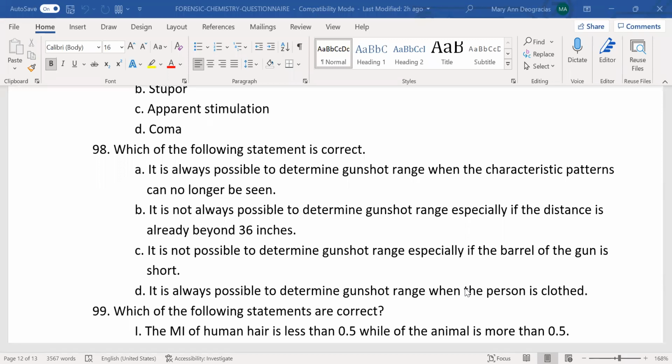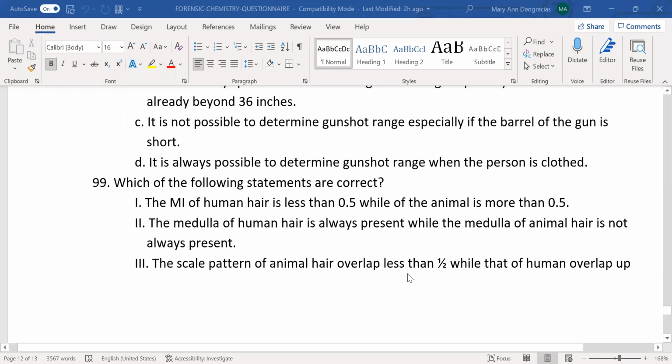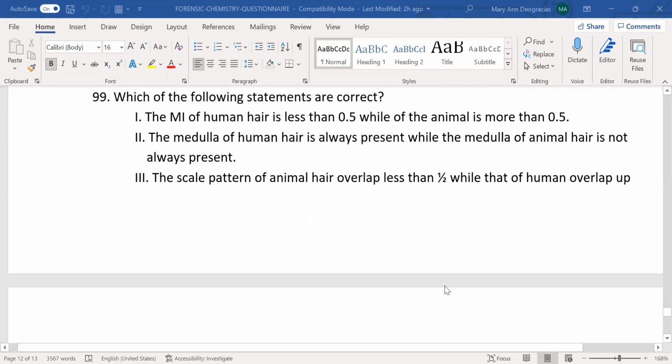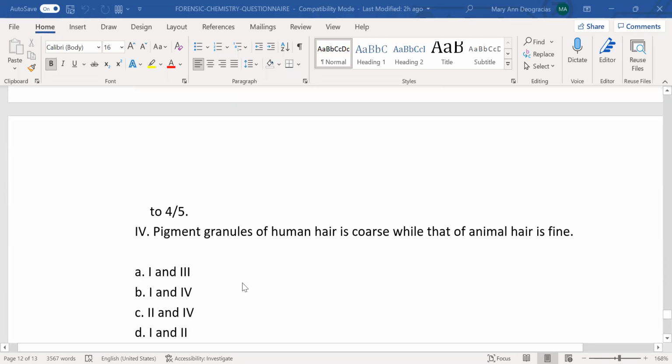99. Which of the following statements are correct? 1, the MI of human hair is less than 0.5 while animal is more than 0.5. 2, the medulla of human hair is always present while the medulla of animal hair is not always present. 3, the scale pattern of animal hair overlaps less than half while that of human overlaps up to 4/5. 4, pigment granules of human hair is coarse, while that of animal hair is fine.